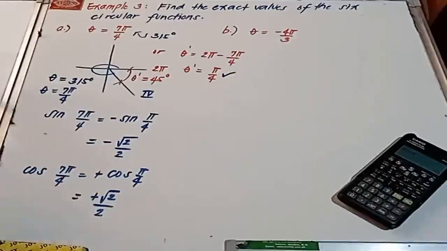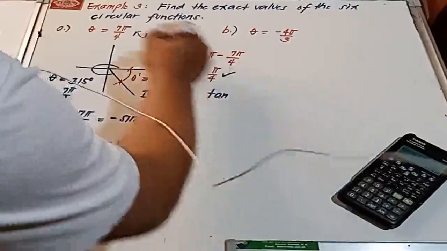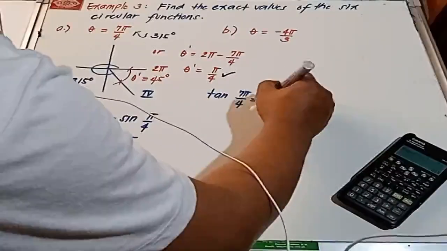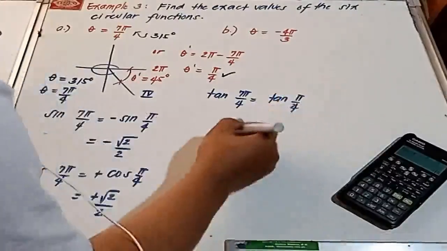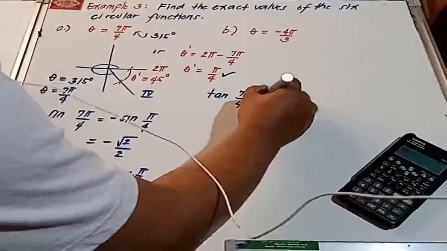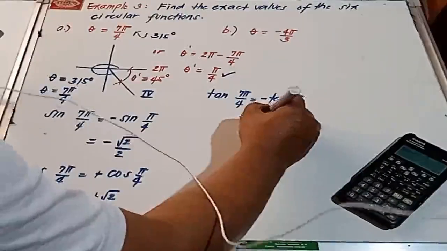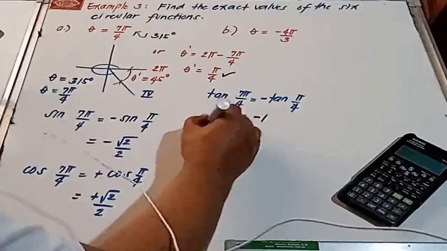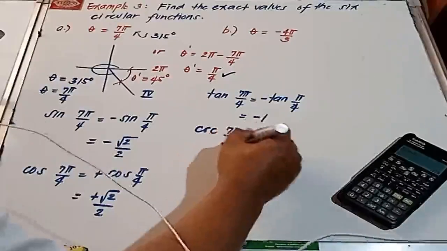Okay. Next is tangent. Tangent 7 pi over 4 is the same as tangent pi over 4 using the reference angle. But tangent on the fourth quadrant is negative. So, tangent pi over 4 is 1. So, negative 1. Okay? Last is, we have cosecant 7 pi over 4.